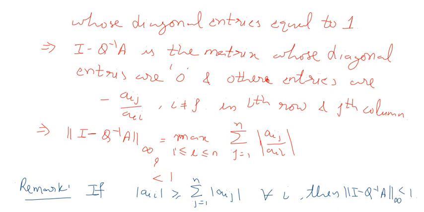So if for a matrix this condition is true, we say that the matrix is a diagonally dominant matrix. Okay, so if the matrix is diagonally dominant, then you have the infinity matrix norm for which the sufficient condition is true. So hence Jacobi's method converges if you have a matrix which is diagonally dominant.